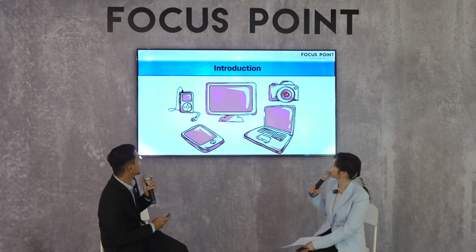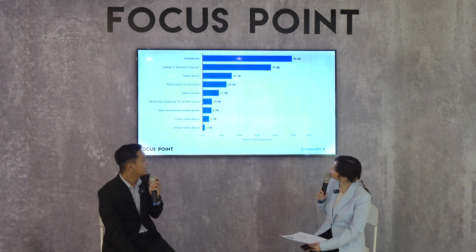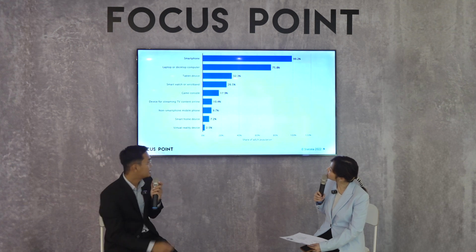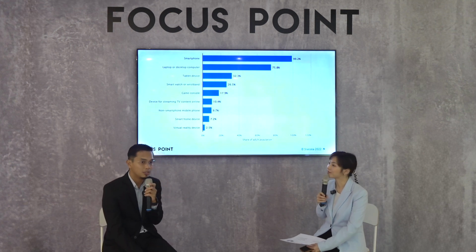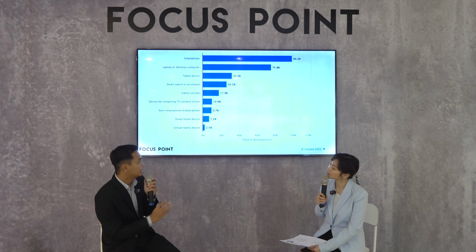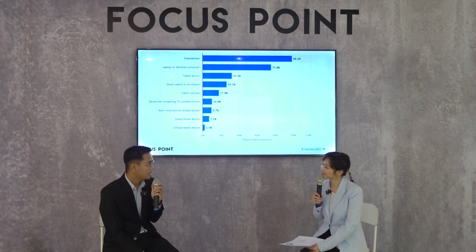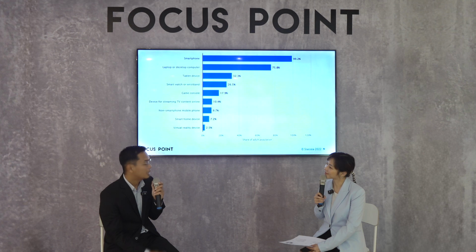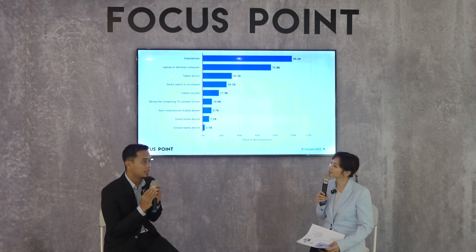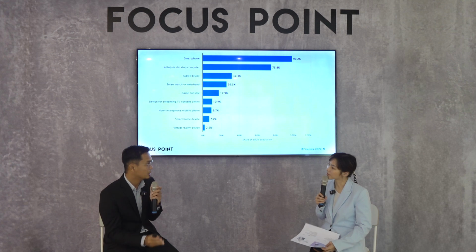All right. This is a statistic I got from Statista, published in 2022. This study did a survey in Malaysia in 2020, with participants aged from 16 to 64 years old.